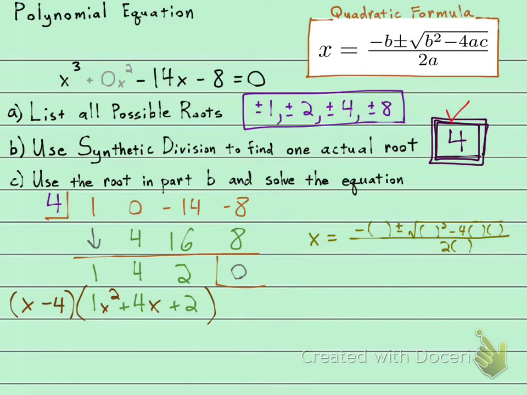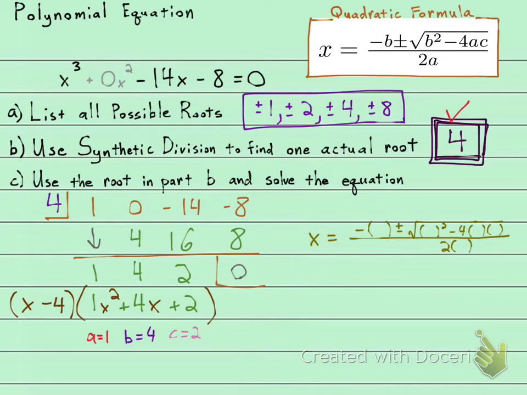Okay, so let's label them here. A is 1. B is 4. C is 2. All right, and they all happen to be positive here. If you did have a negative, that would go into the coefficient.